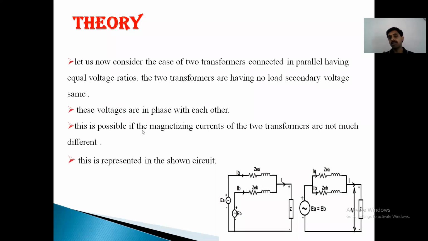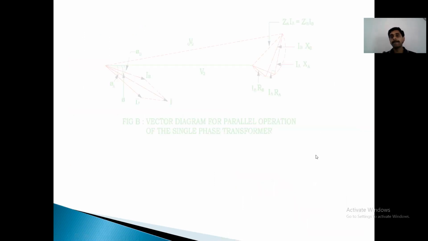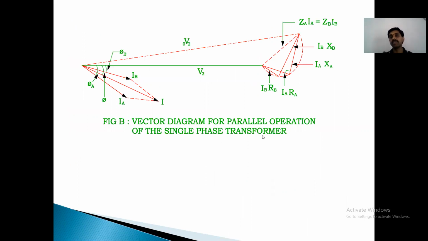This is possible if the magnetizing currents of two transformers are not much different. Normally in transformers, because of the magnetizing current, there is a problem. If the magnetizing current is same, then the other part will be same. This is represented as shown in this figure. So let us see this picture. Single phase transformer, this is V2.